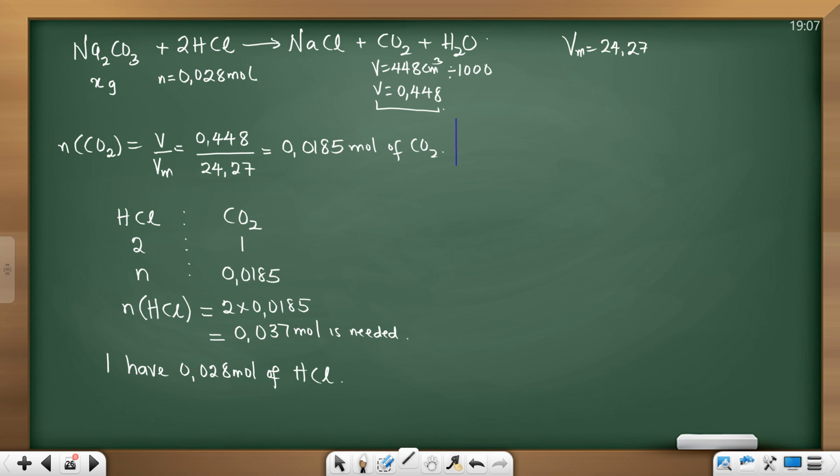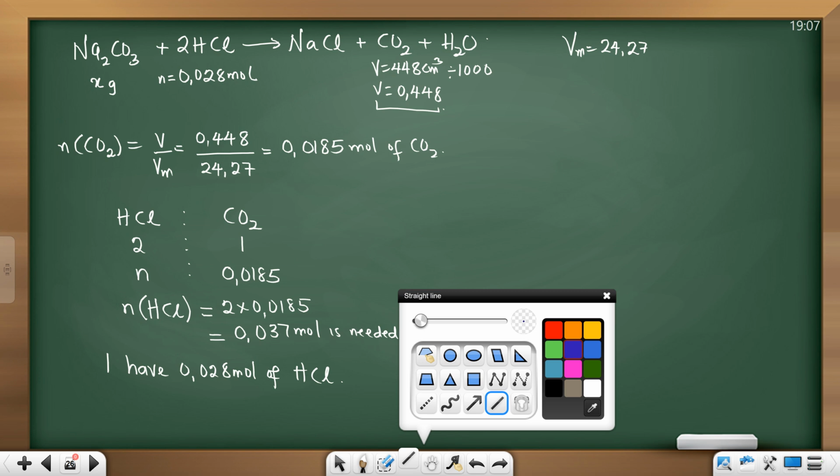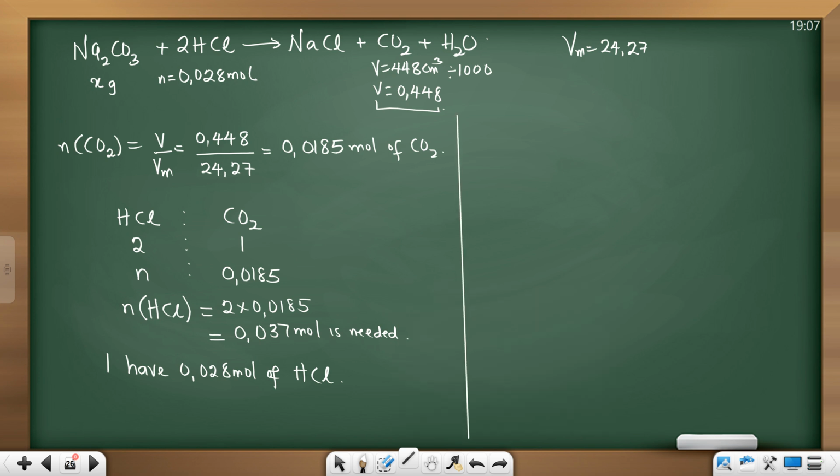Can I get an answer from you guys if you understood what I did here? The question says that 0,448 is produced, right? For me to produce that 0,0185, I actually need 0,037 moles.